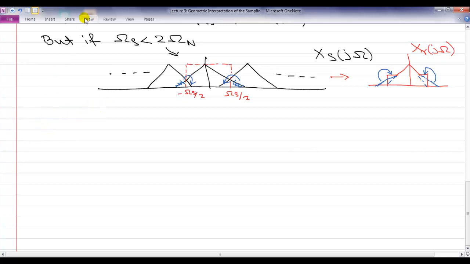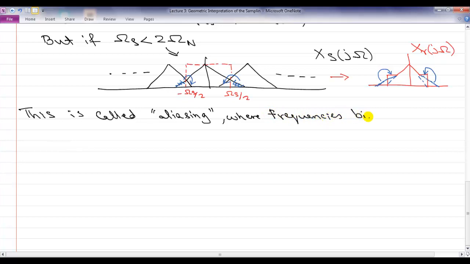So this process is called aliasing, where effectively frequencies bigger than ω_s over 2 fold back into lower frequencies.